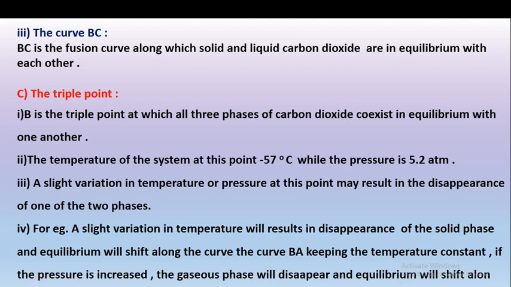If the pressure is increased, the gaseous phase will disappear and the equilibrium will shift along the curve BC. So these are the conditions. If we change the pressure and temperature, one of the phases will disappear and the equilibrium will shift to the side of the other phases. So this is about the triple point.